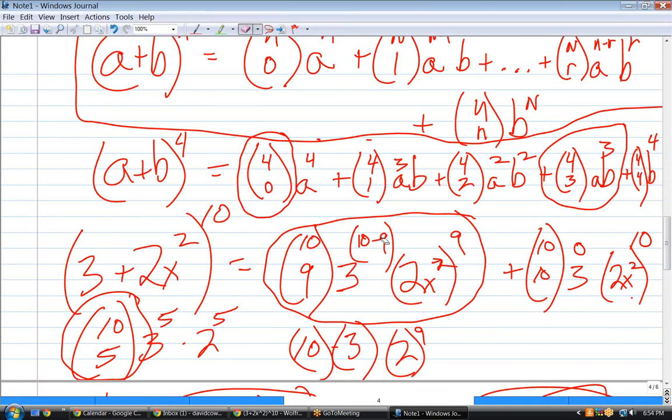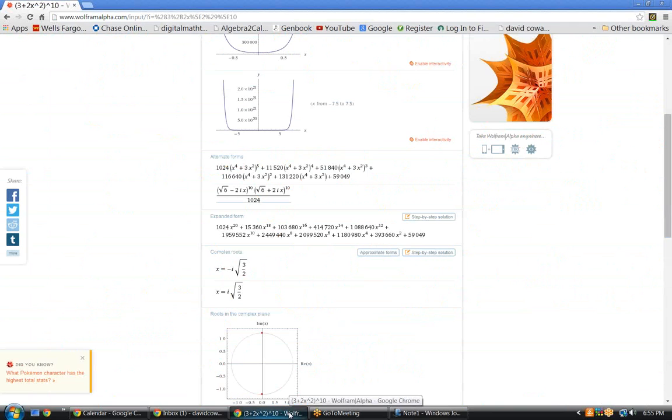That's 3 to the 10 minus 5, or 10 choose 5, and that comes at the 6th term. So the answer they gave you should be the 6th term, and I think it was. When we looked on Wolfram Alpha, that 6th term had a coefficient of 1,959,000. Was that what you got? Yeah, I believe so. Okay.